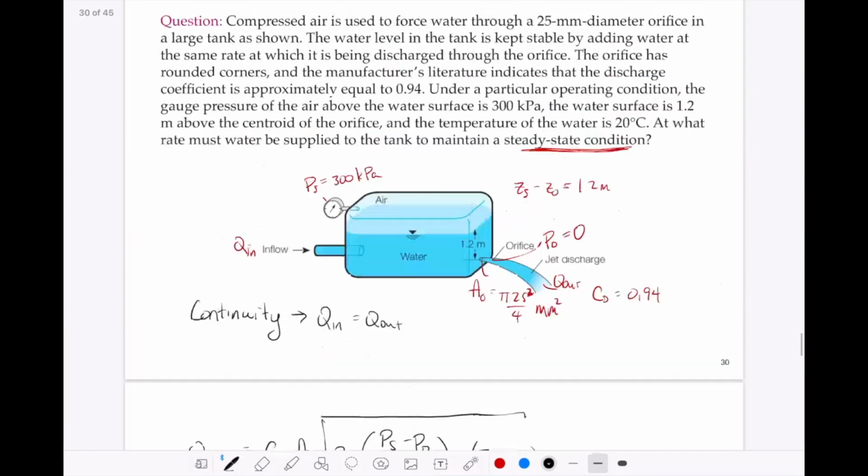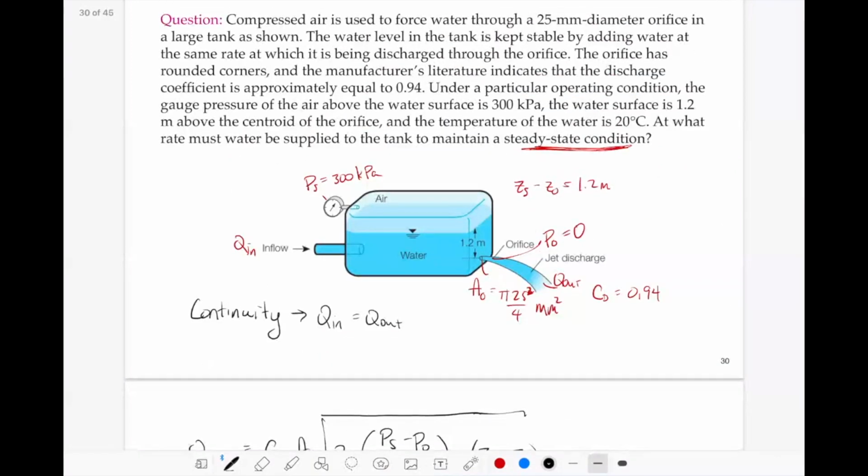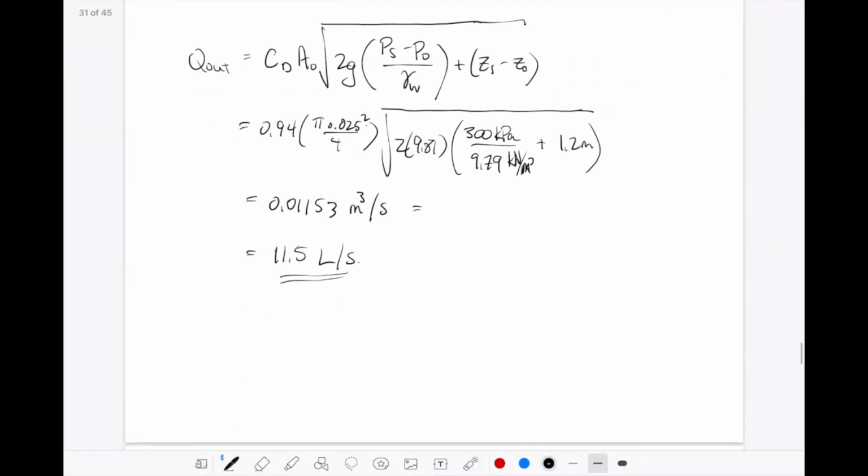So for change in elevations, Z1 and Z2, if we draw a diagram here, let's say our reservoir is this. Here's our fluid.